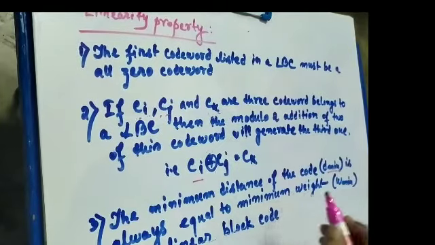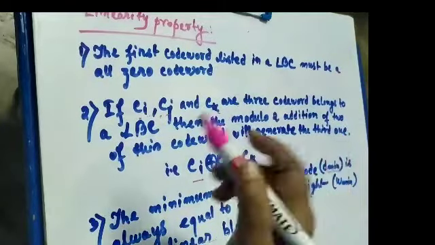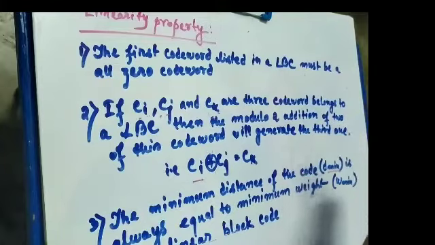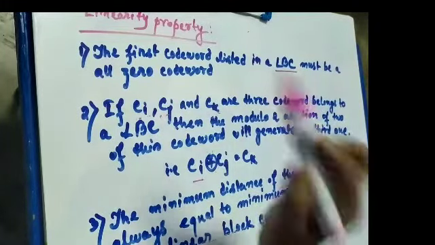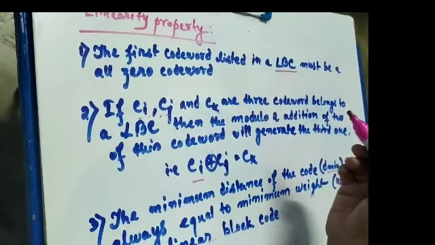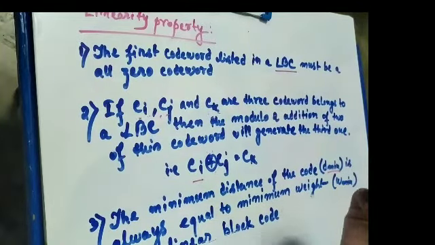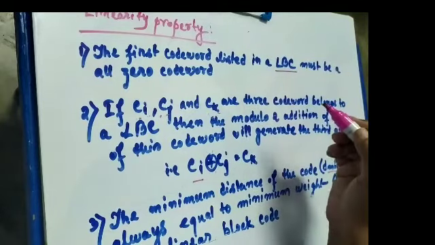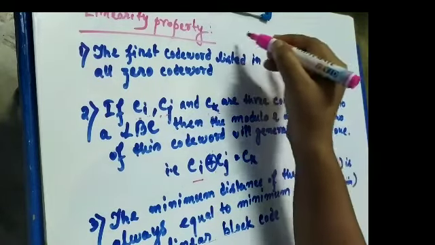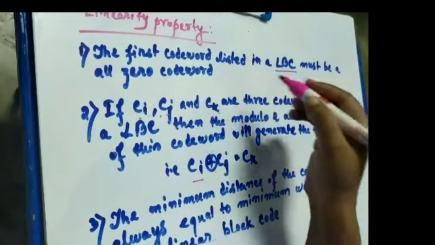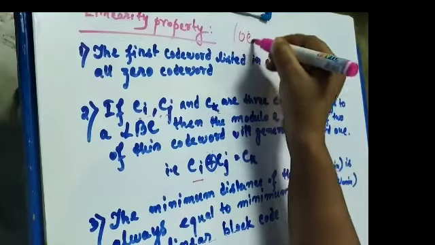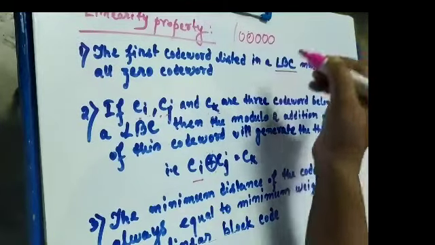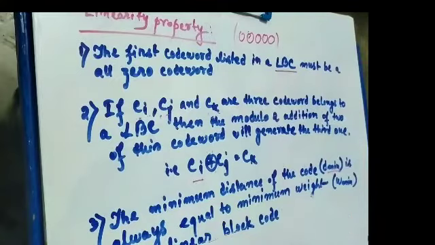The first condition: the first code word listed in a linear block code (LBC) must be an all-zero code word. That means if a linear block code consists of 10 code words, and each code word consists of 5 bits, then the first code word is an all-zero code word. The number of bits present in that code word is all zero. This is the first code word.